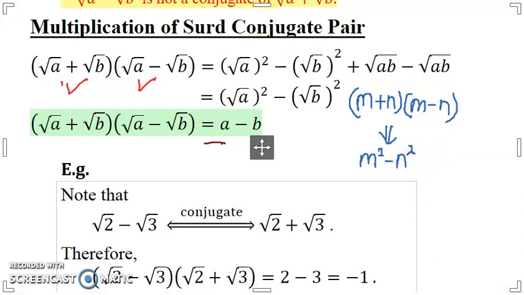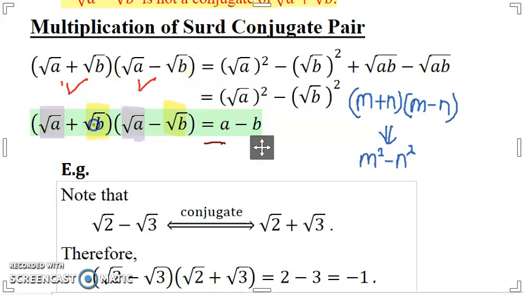With that idea, we have a look at the multiplication highlighted in green here. You find out that the square root of a is your m, whereas the square root of b is your n.